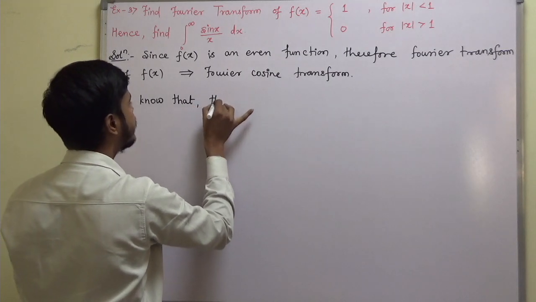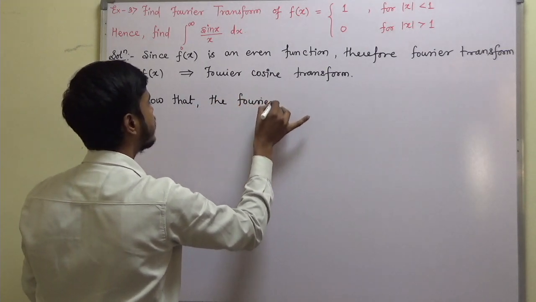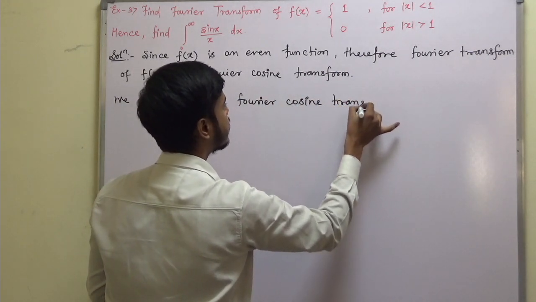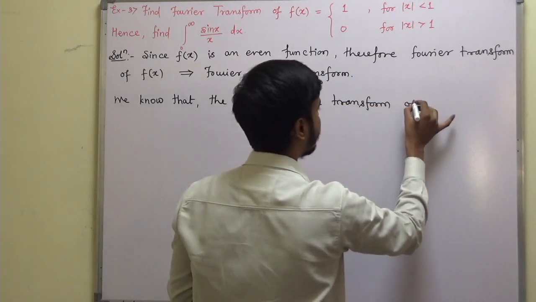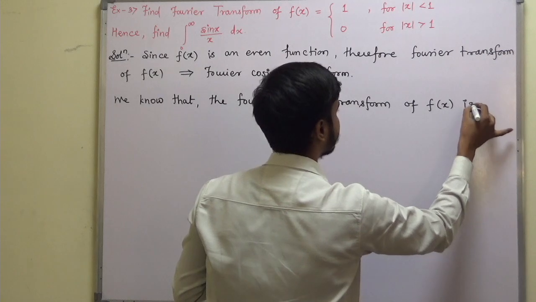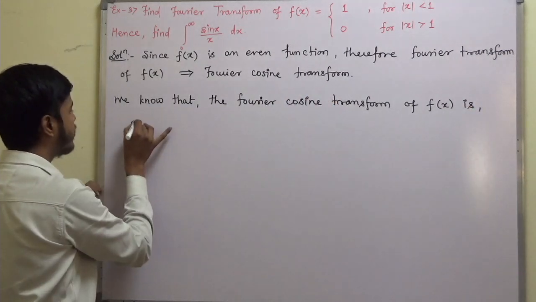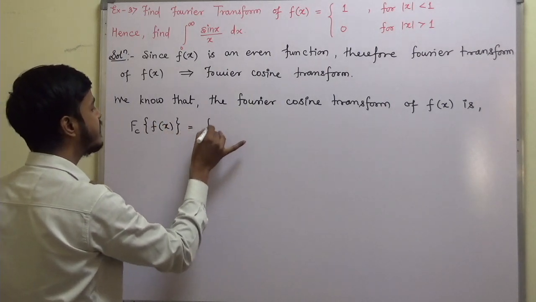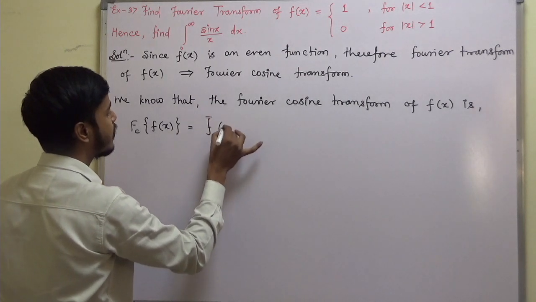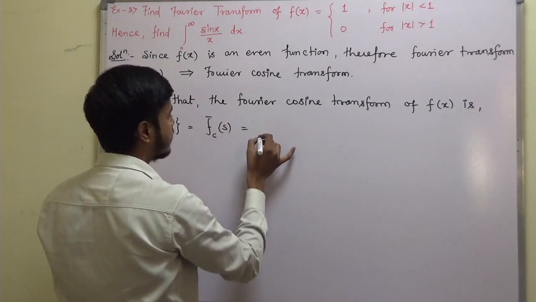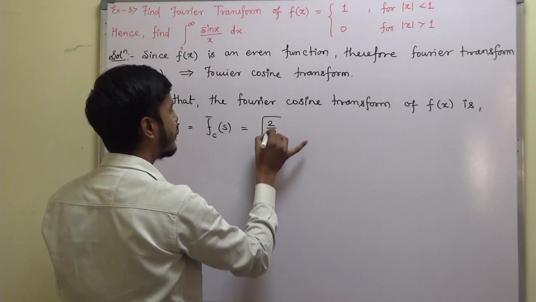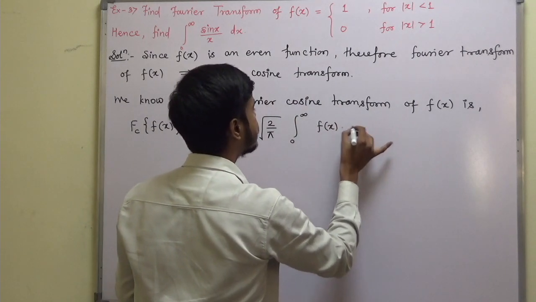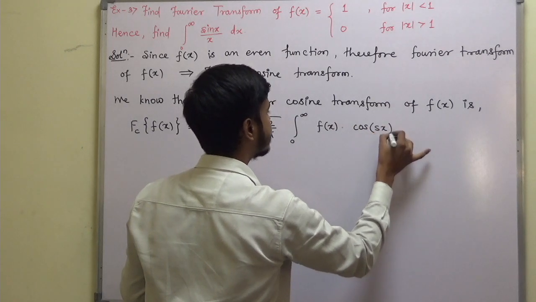We know that the Fourier cosine transform of f of x, which we write as f c bar of s, is under root 2 by pi integration 0 to infinity f of x into cos of sx dx.